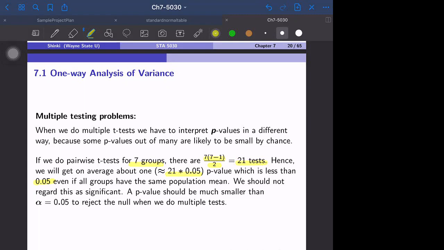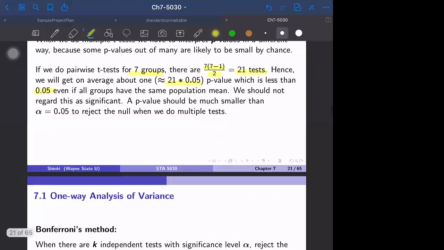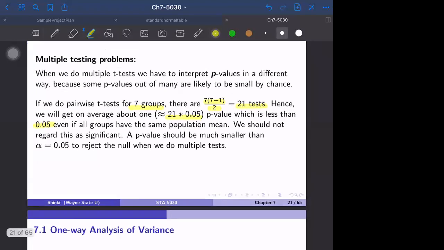Basically, the 7 groups all come from the same population, but still, if we do all pairwise tests, on average, we reject one null hypothesis. So that is a problem. We have to adjust the p-value. We have to make the rule to reject the null hypothesis more strict.